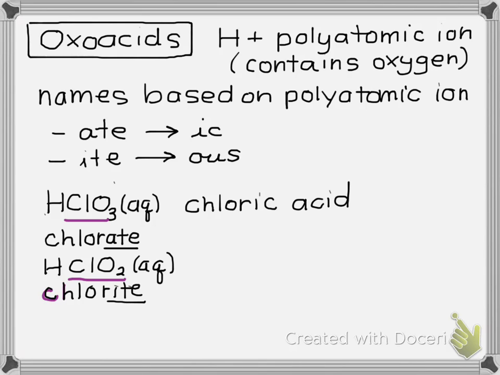So the ite ending changes to ous. So we get chlorous acid. Again, there's no hydro. What the name is based on is the polyatomic ion. If it has an ate ending, it changes to ic. If it has an ite ending, it changes to ous.